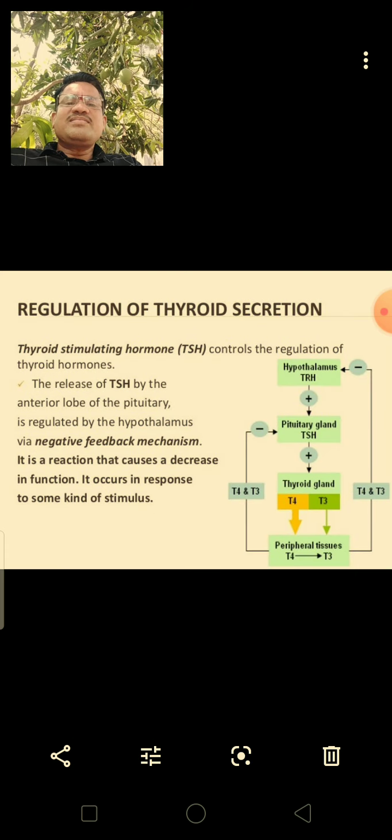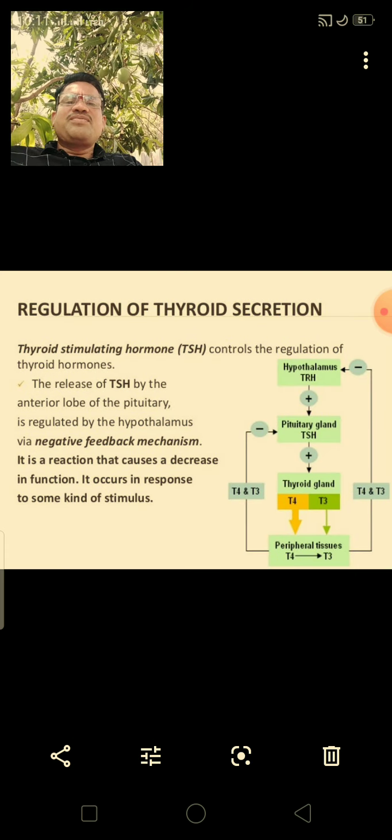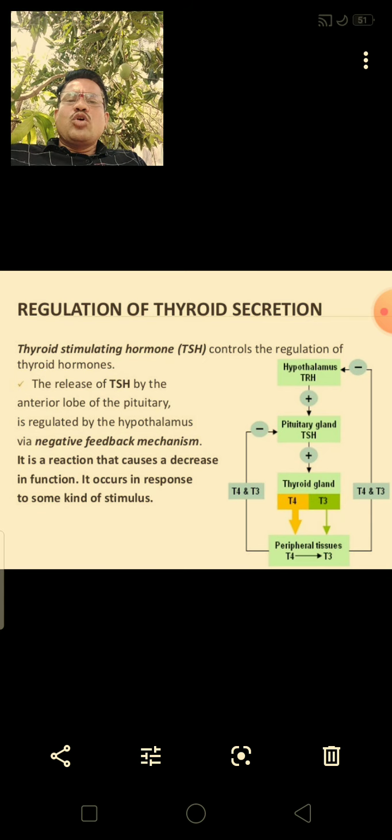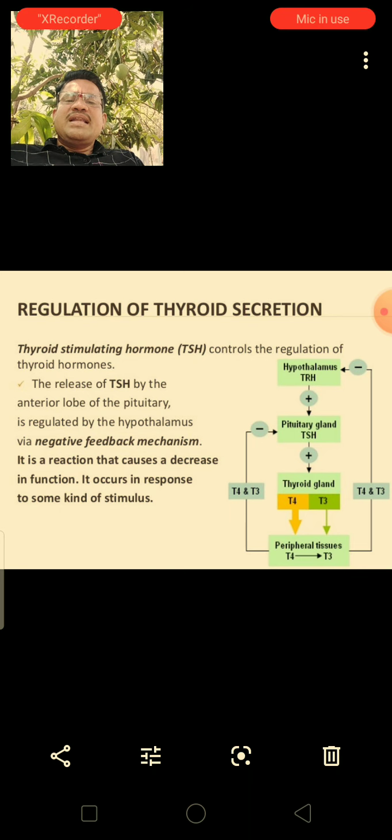Next, regulation of thyroid secretion. Thyroid stimulating hormone controls the regulation of thyroid hormones. The release of TSH by the anterior lobe of the pituitary is regulated by the hypothalamus via a negative feedback mechanism.